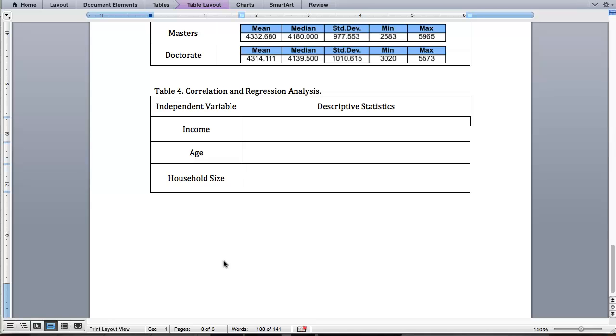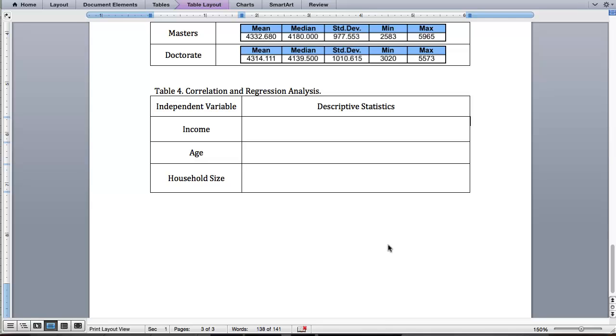Now let's look at the quantitative independent variables, or our quantitative demographics, income, age, and household size, to examine the relationship between income, age, and household size with the amount charged, or in other words, what effect does income have on spending? What effect does age have on spending? And household size on spending? We would need to use correlation and regression analysis. So let's look at our Excel tool.